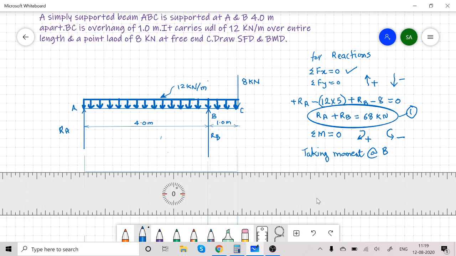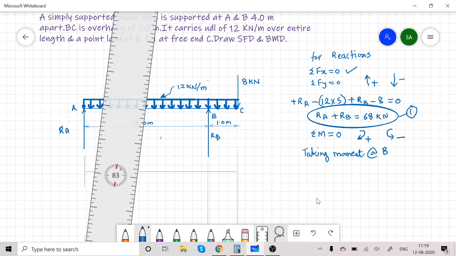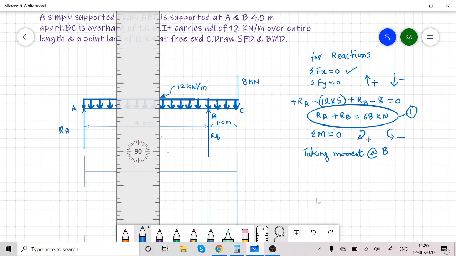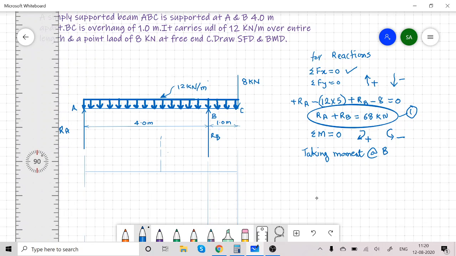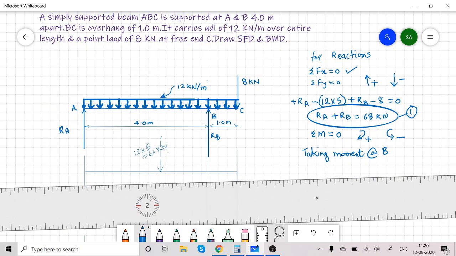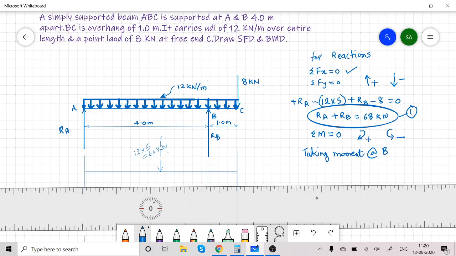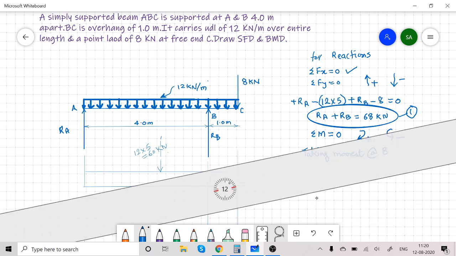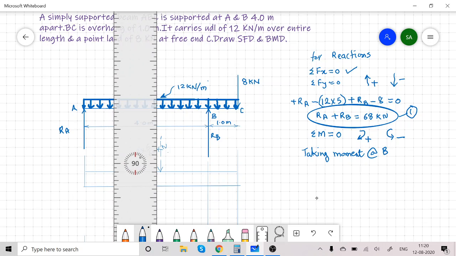And as UDL is for a length of 5 meter from A, for calculation purpose, it is assumed to be acting at the center of this A to C, that is 5 meter length. For calculation purpose only, the total load, 12 into 5, that is 60 kilonewton, is assumed to be acting at a distance 2.5 meter, that is half of 5 meter.